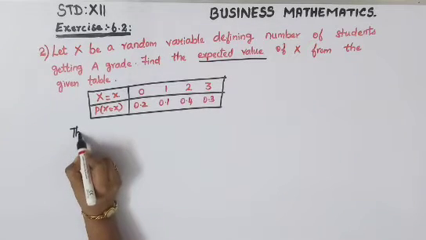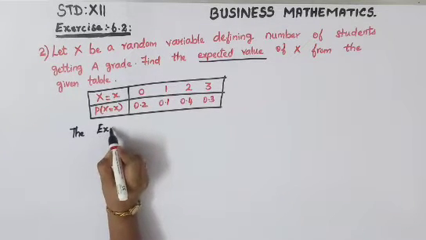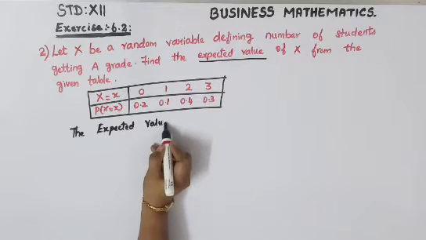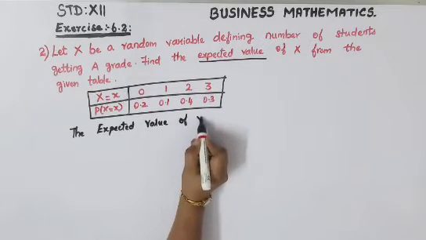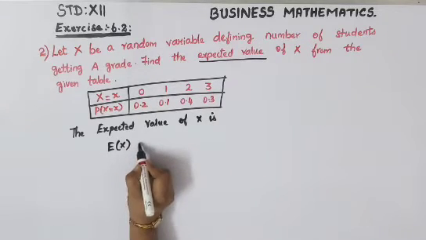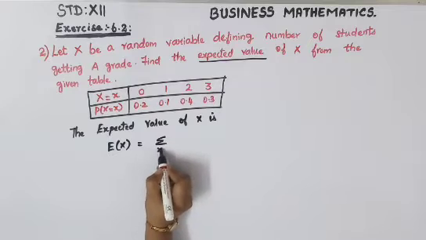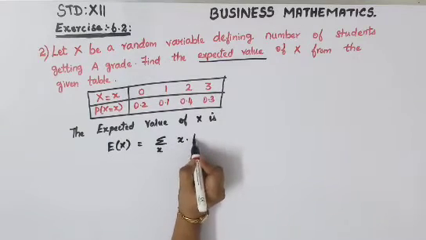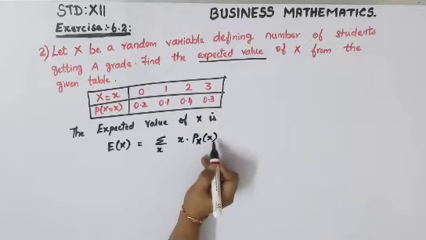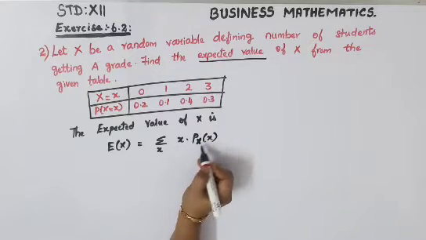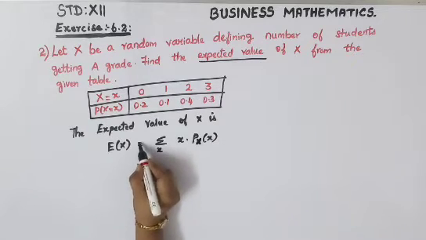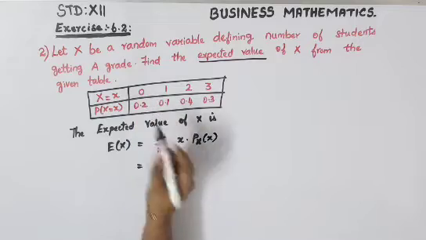The expected value E of x. Your formula is sigma x into P of x. This is P of capital X; here small x and here also small x, only here you will have to write capital X. That is nothing but just multiplying these two numbers and adding.